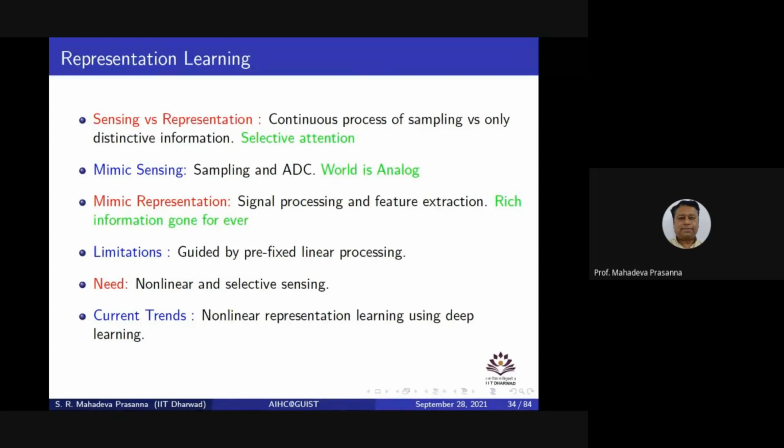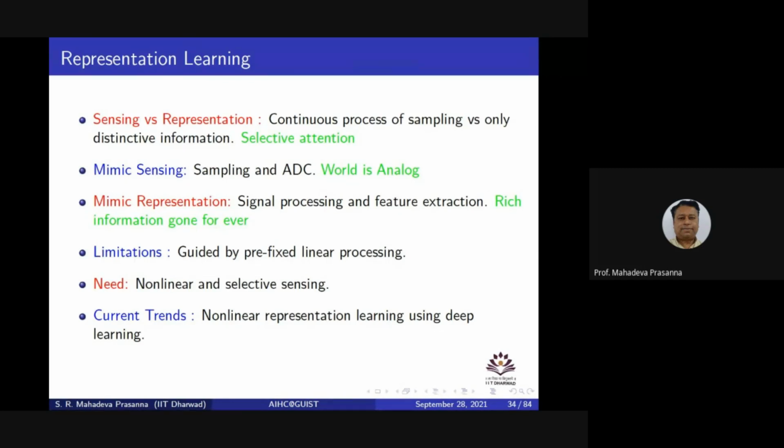Of course, earlier signal processing was the main block for representation learning or feature extraction, but that has a limitation because it is guided by prefixed linear processing. Whereas the human way of processing is nonlinear processing. That is where in deep learning models, all the neurons are nonlinear computing elements, so it will do nonlinear processing of the raw data.